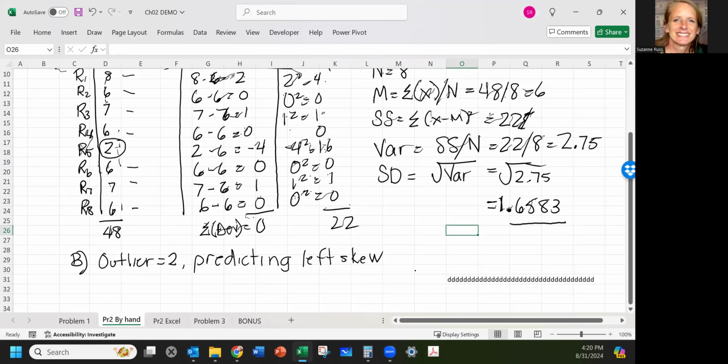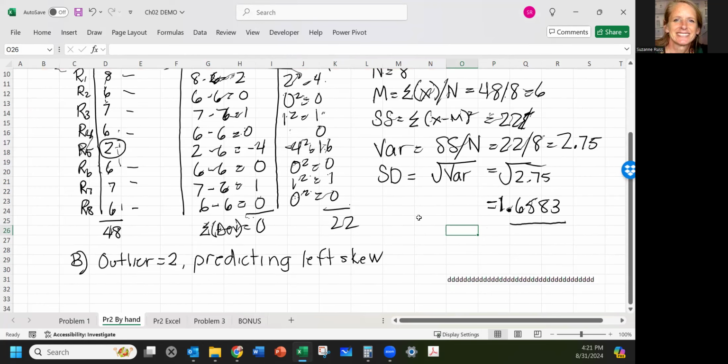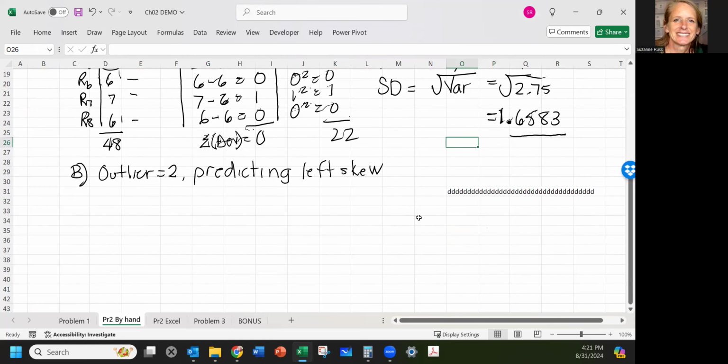And let's see what our next problem is. Plot the data on a histogram and see what the actual shape is. So let's go ahead and make a histogram. In order to do the histogram well, I have to tell the minimum.